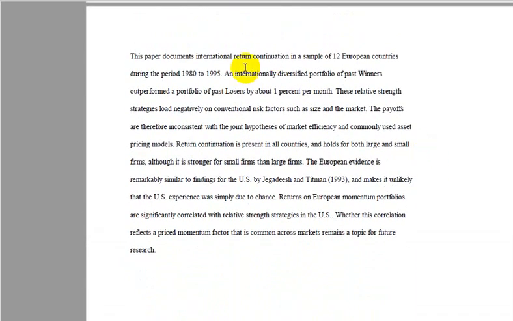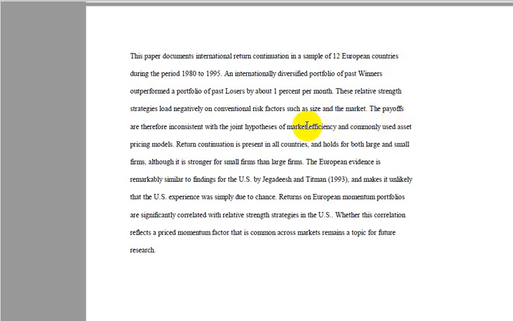So in this paper we were exploring the momentum returns in 12 European countries and at the individual stock level. And we found that an internationally diversified portfolio of past winners outperformed a portfolio of past losers by about 1% per month. We also found that common risk factors such as size and market do not explain the momentum returns.